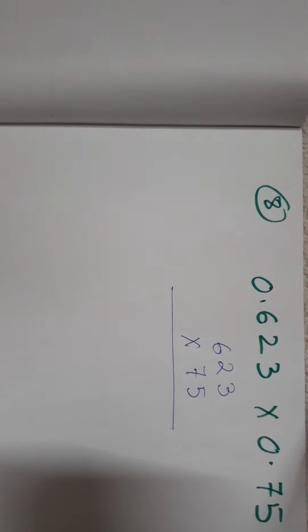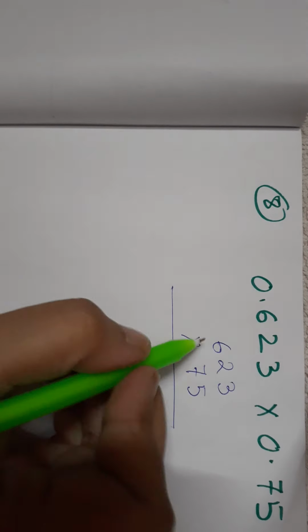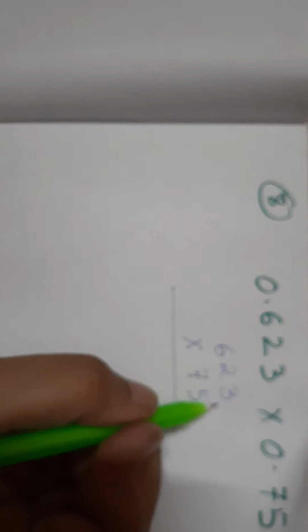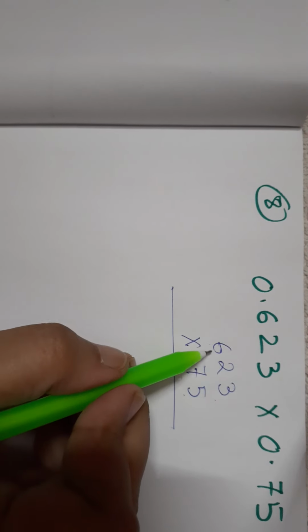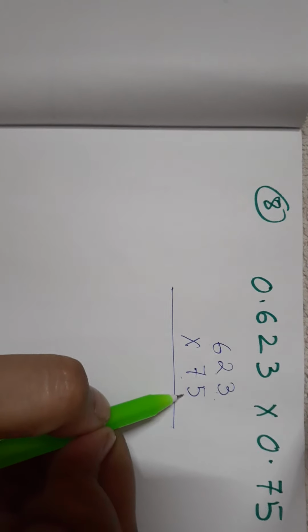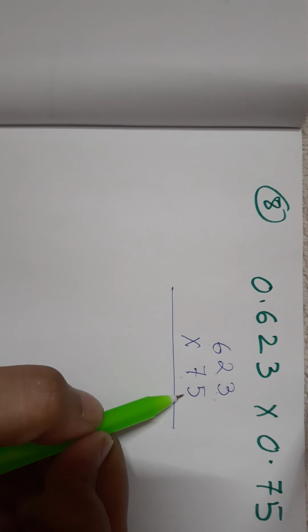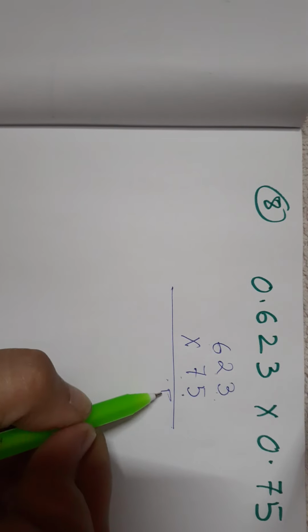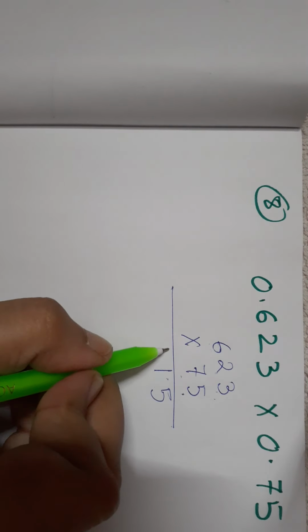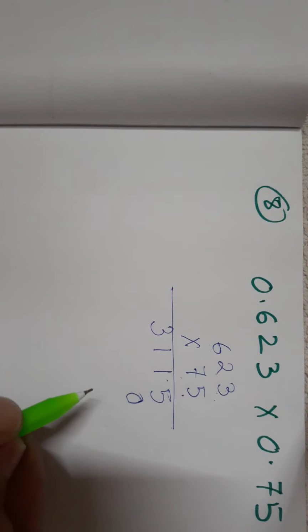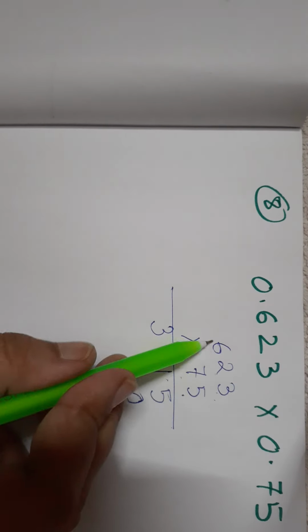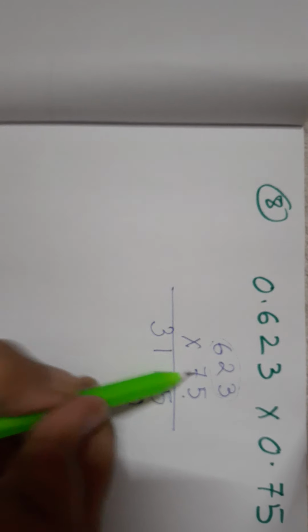First we will multiply 623 by 5. When we multiply 623 by 5, we will get 5113. Then we will put a 0 over here, and again we will multiply 623 by 7.